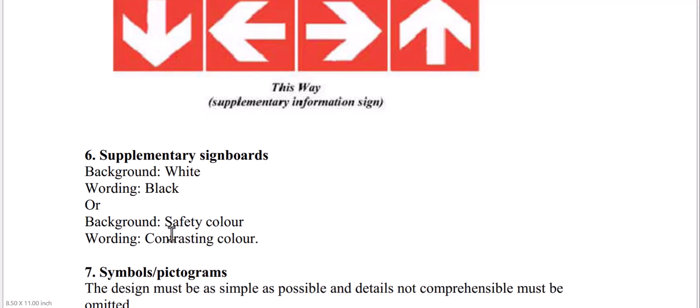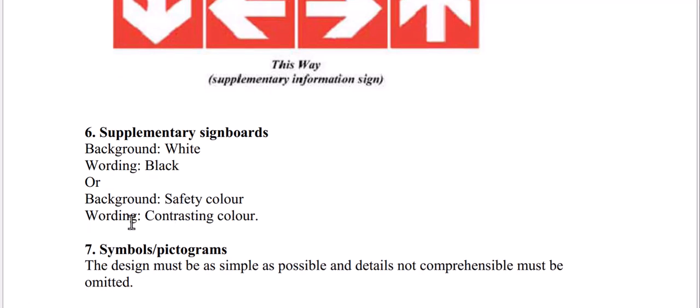Other times they have a safety color in the background and a contrasting color. The safety color means they can have the color of the particular information that is being provided. Supplementary means it is extra but can have a close relationship with the listed 5.1.